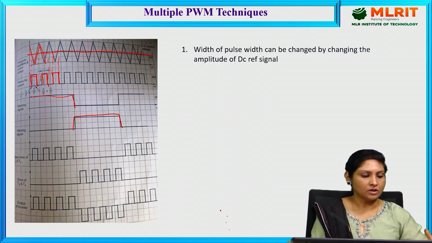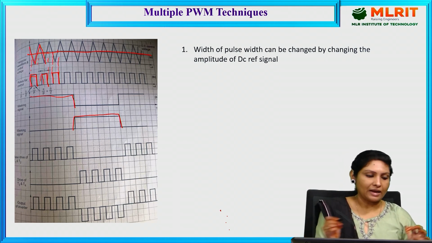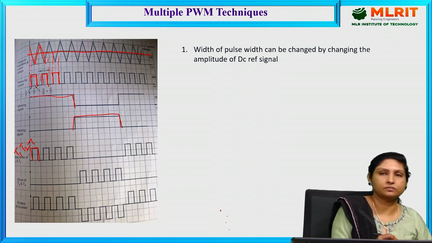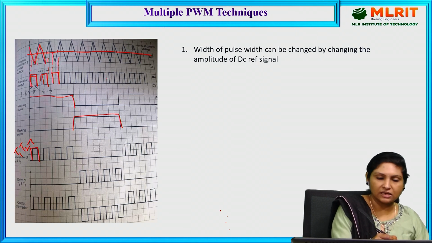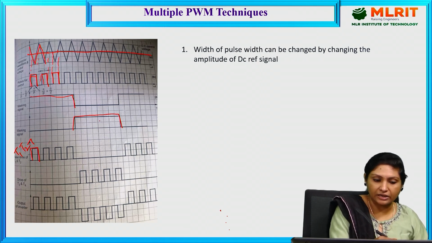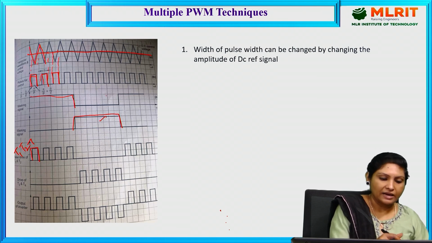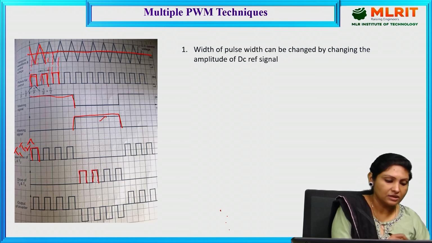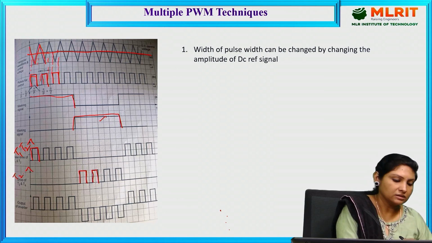So here these two are ANDed and the resultant is the base drive of transistors 1 and 2. And these resultant pulses are ANDed with this masking signal, and the resultant is the base drive required for transistors 3 and 4.